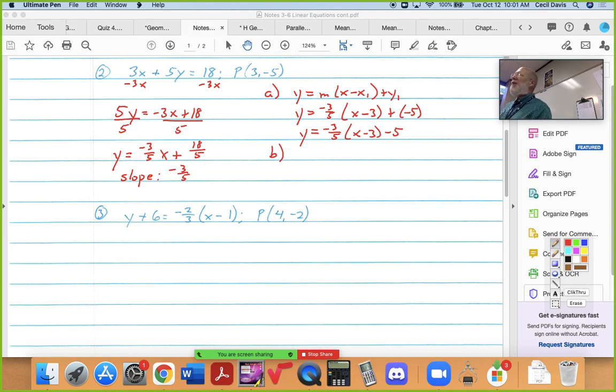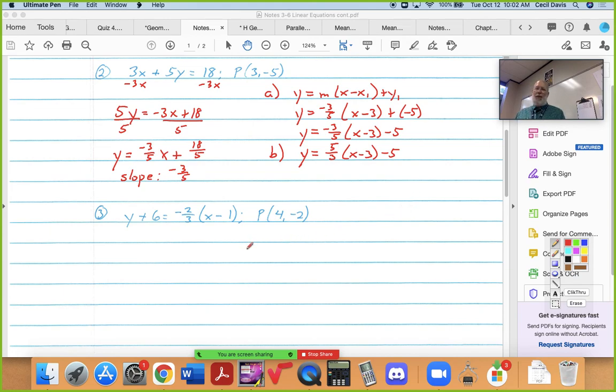And for part B, we want the line through the same point, but we want it to be perpendicular to the original. So that's going to be y is equal to positive 5/3 times x minus 3 minus 5. Almost all the work is done by the time you get to part B. Any questions about that one?